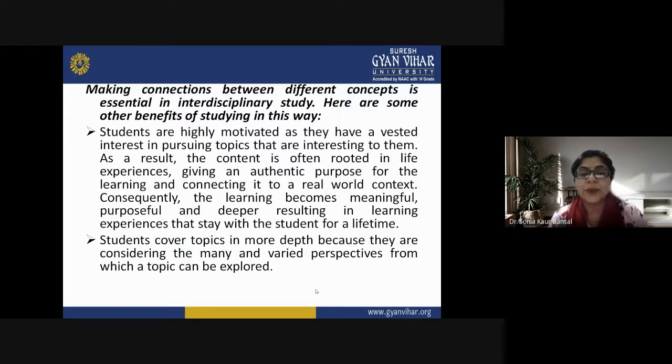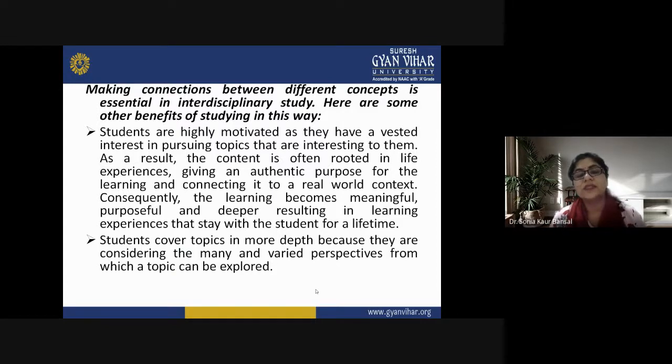Consequently, the learning becomes meaningful, purposeful, and deeper, resulting in learning experiences that stay with the student for a lifetime. And this is really very good from the point of view of achievements, when any type of learning stays with the student for a lifetime. So this is how education is also serving its purpose in its fullest form.